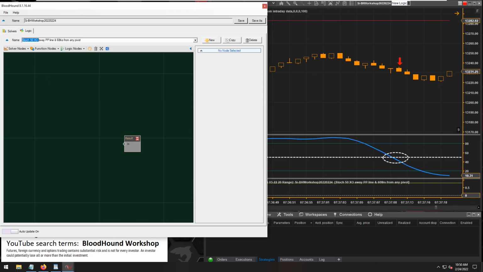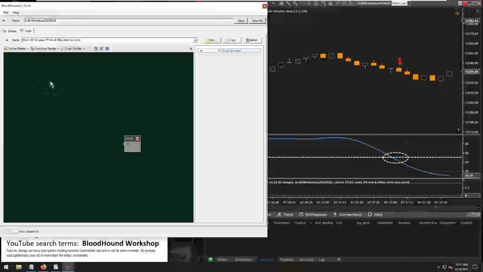So really, this is all triggered by the stochastics crossing the 50 line. But price also needs to be moving away from the PP line, and then also price needs to be 60 ticks away from any pivot line as well. So there's the shorthand version.